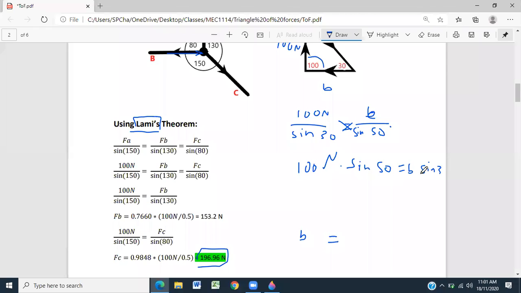Then you'll have to take this over and divide by sine 30. As you continue working math and move beyond regular CSEC math, you start noticing that this is the same thing as what we had before. So if you plug this into your calculator, you should get 152 because we're finding B now. So someone plug it in and see what number you get.